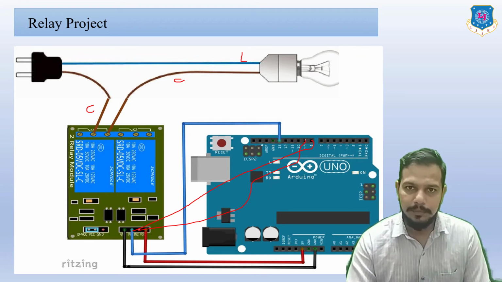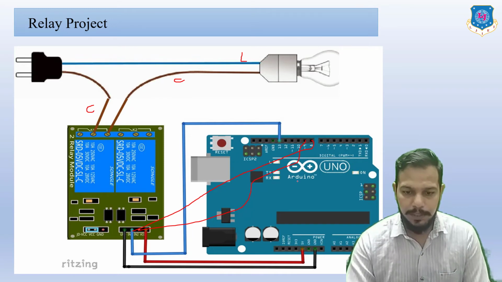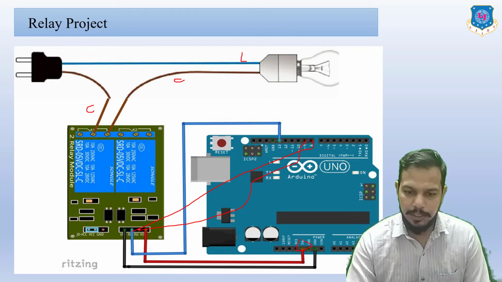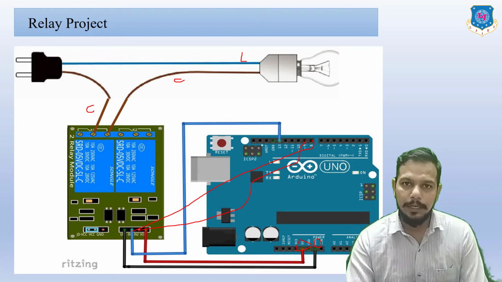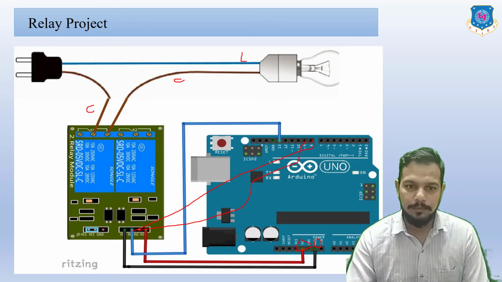Here it is VCC 5 volts and the other one is ground. Like this you can connect your relay with the Arduino board.